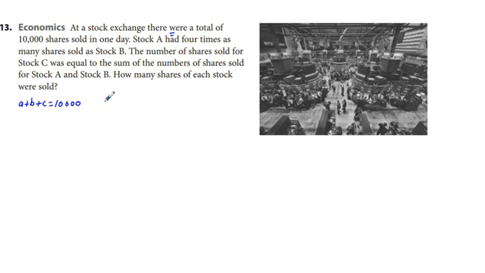Okay? Stock A had, and had would be an equal sign. So stock A equals 4 times what B is. And then finally, this one here, the number of shares sold for stock C, so C was equal to, I'm going to put an equal sign there, the sum of the number of shares sold for stock A and B. It doesn't say how many times, so we'll just say A plus B. And we should have 3 equations with 3 unknowns.